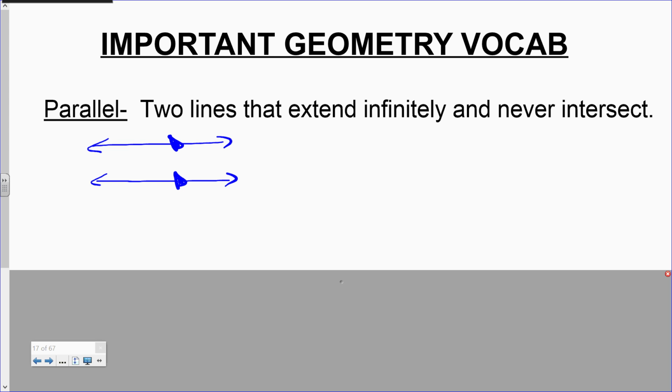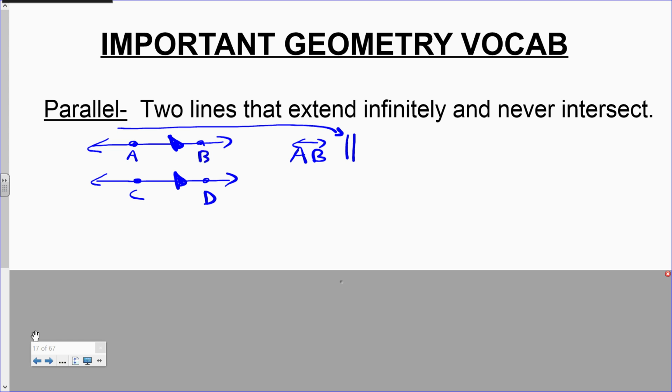Okay? Now let's say you have some points on the lines, like A, B, or C, D. If I want to say the two lines are parallel, look at the parallel symbol. Say line AB, the line symbol, is parallel. It's like these double bars. That's the symbol for parallel.